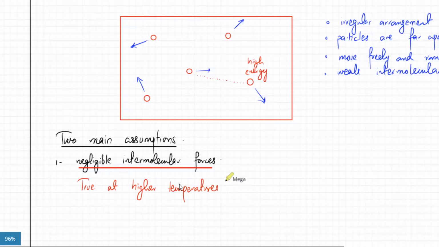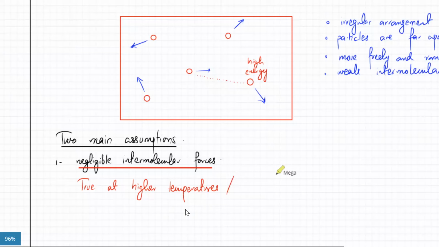Imagine if you have steam and you start lowering the temperature. It would stop behaving as a gas. It would liquefy, it would condense, and the intermolecular forces would become relatively stronger. The particles would not have enough energy to break those intermolecular forces. So remember this: gases do have negligible intermolecular forces, but this point is true at high temperatures.